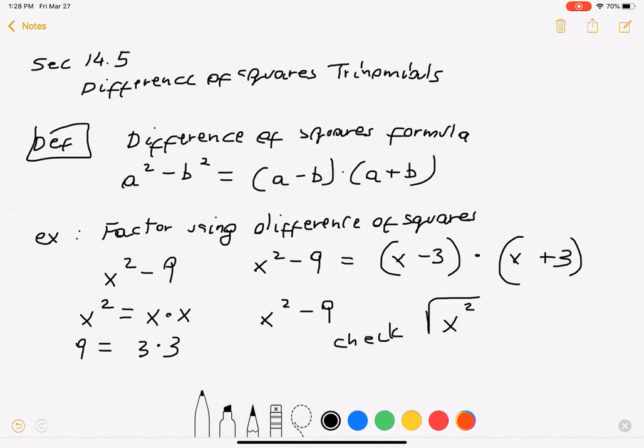So the square root of x squared will give you x, and you have 9. Check if you can take the square root of 9, and you're getting 3, positive and negative 3. So technically that's why in the parenthesis you have negative 3, because a square root of 9 is equal to negative 3, and the second parenthesis has positive 3 because the square root of 9 is positive 3.